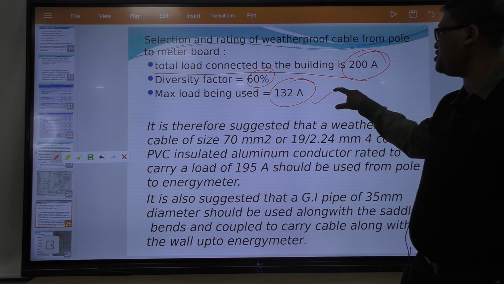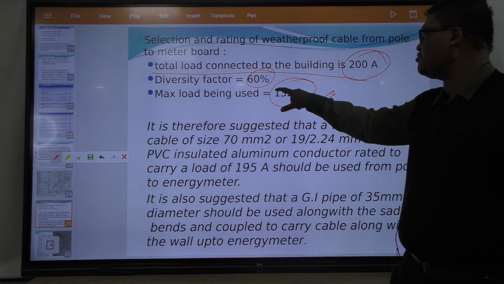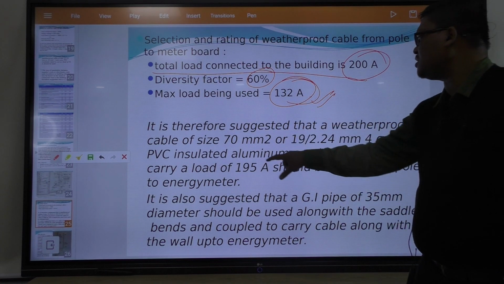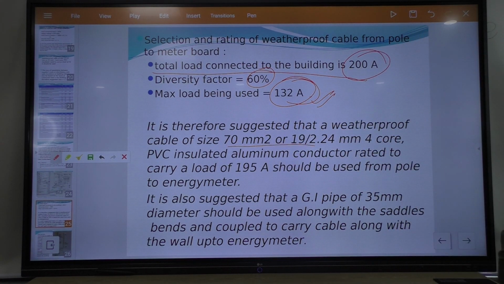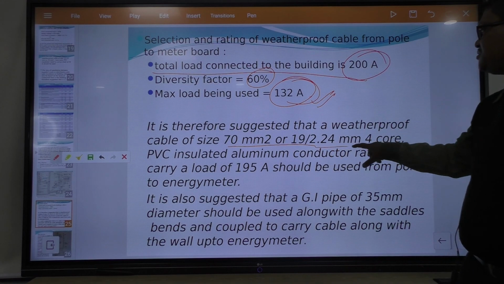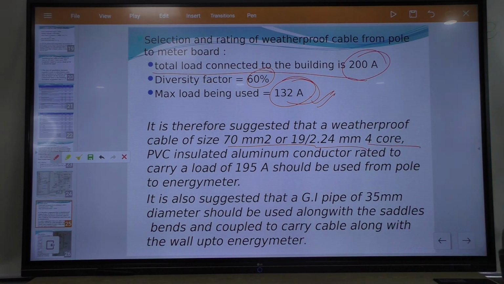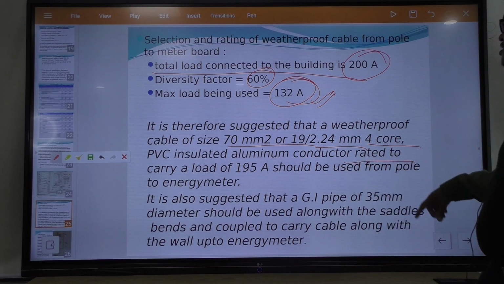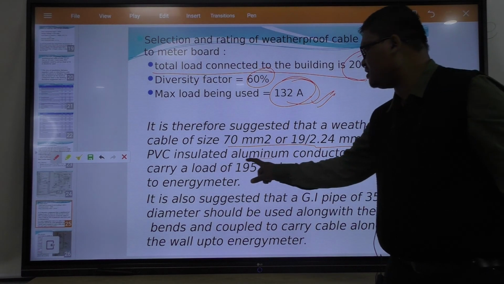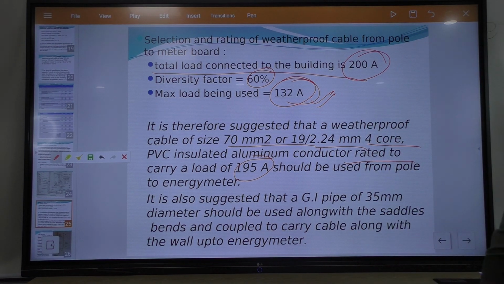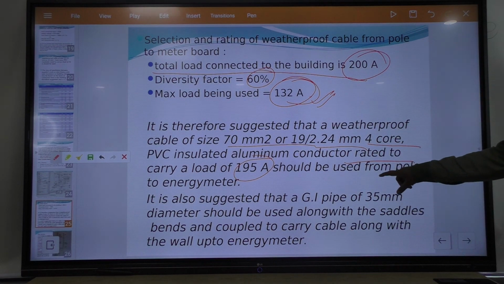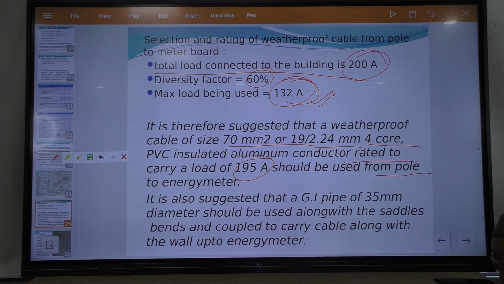So from the conductor chart, for 132 ampere the cable size is 70 mm square or 19 by 2.24 mm, 4 core PVC insulated aluminum conductor to carry a current of 195 ampere, should be used from pole to energy meter.